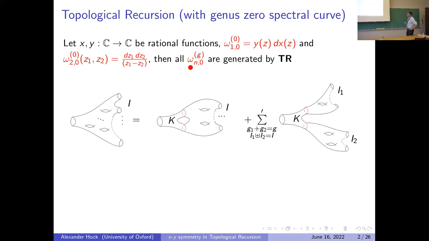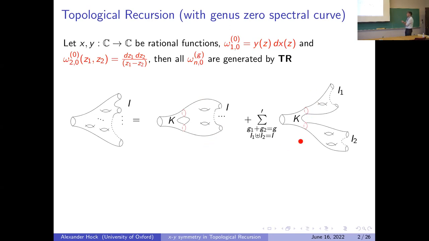This kernel is built from omega 0, 1, 0 here and omega 0, 2, 0. And a rest, which is in this case omega g minus 1, n plus 1, 0. So it has one topology less, let's say, in the sense of the Euler characteristic.